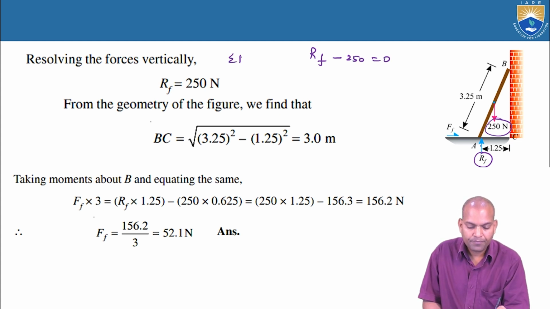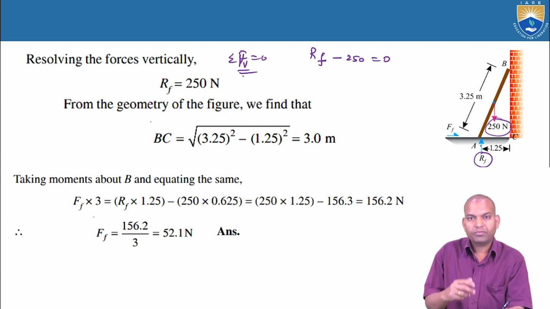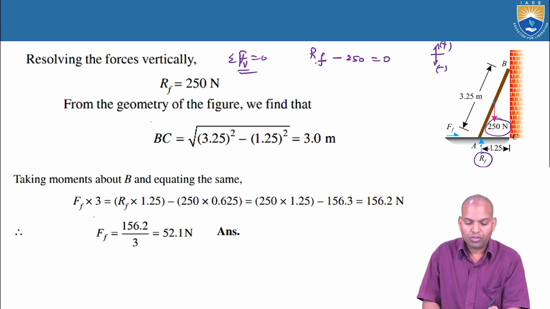That is sigma FV equals 0, the vertical force is equal to 0. Upward is considered positive and downward is considered negative. That's why RF is upward and 250 newtons is downward, negative, equal to 0. Then RF equals 250 newtons.